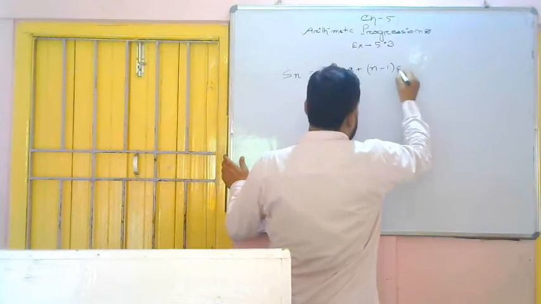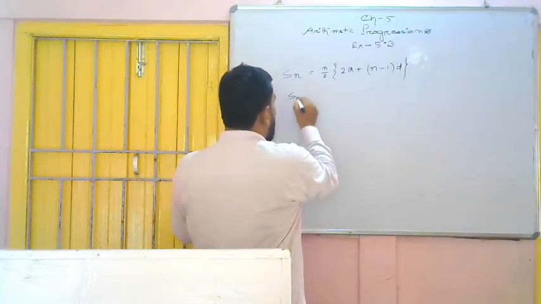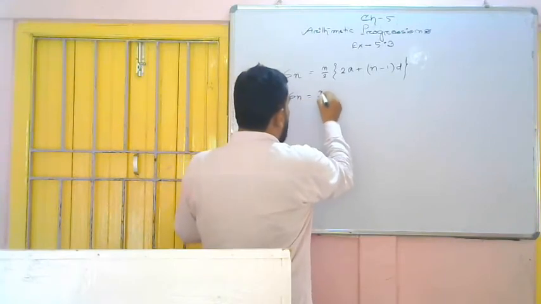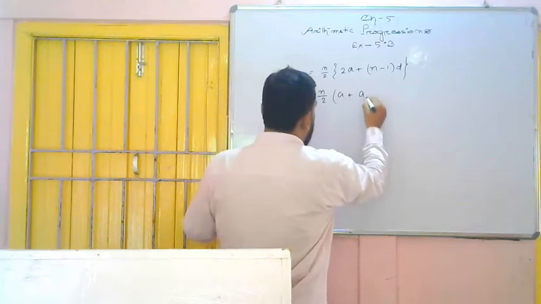In short, we can write it as n by 2 into a plus an.